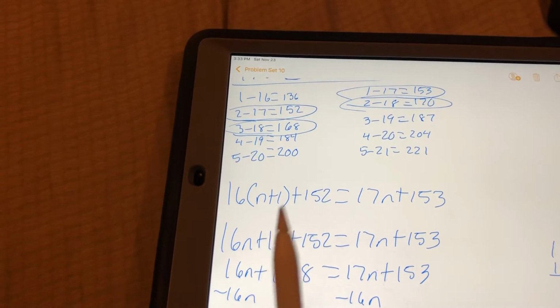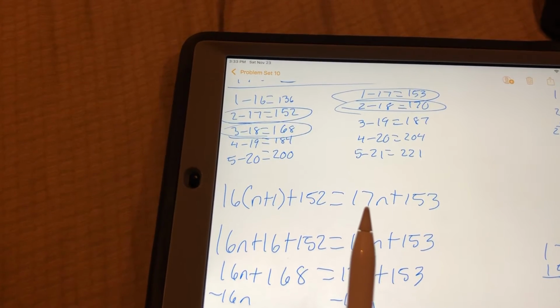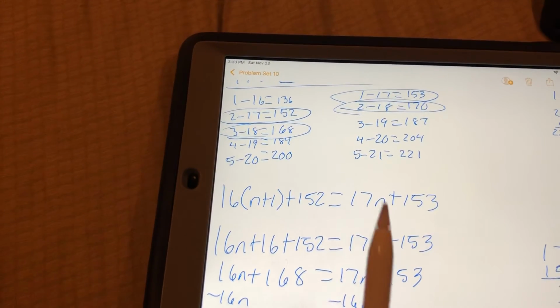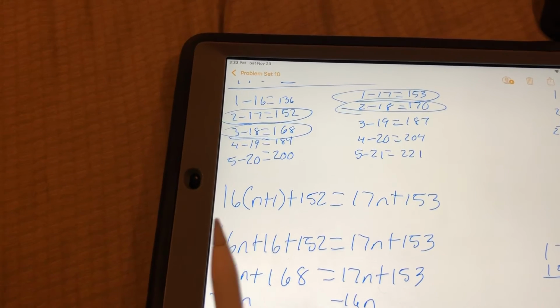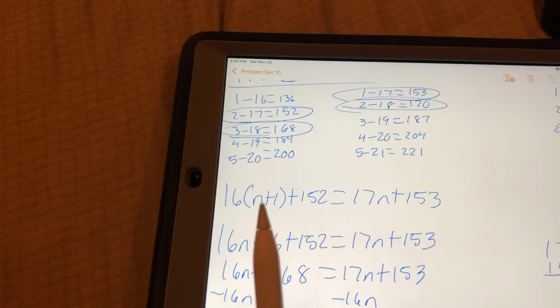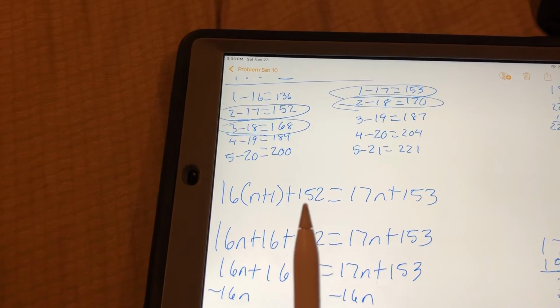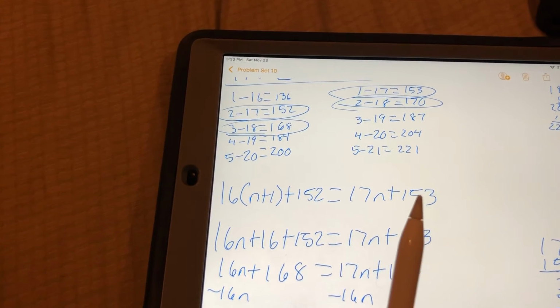When you solve this all out, the n value that you get, you're going to multiply by the 17 to get the number. But in order for this to equal that, this value has to be 1 smaller than this one. So if you're doing this out, because some of your numbers are going to be different, however many numbers this is apart from this one is what you're going to put here.